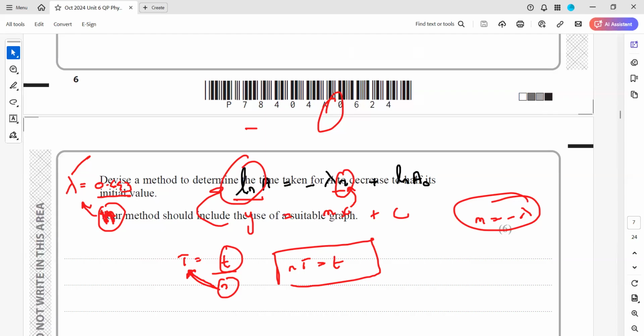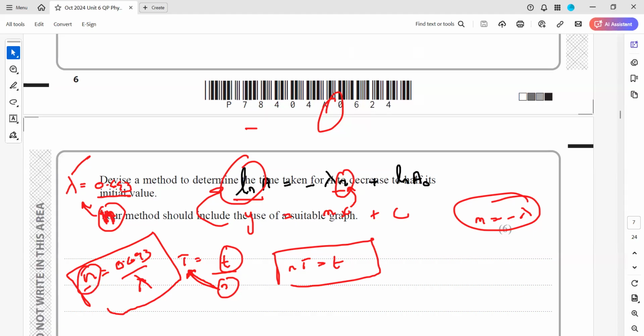First we have to determine the amplitude and plot a graph. For example, first for 10 oscillations, then 20, 30, 40, and 50 oscillations. Using that, we work out the gradient to get lambda, and using lambda we find a new value of n, which is 0.693 over lambda. This n is actually the number of oscillations to become half of its original value.